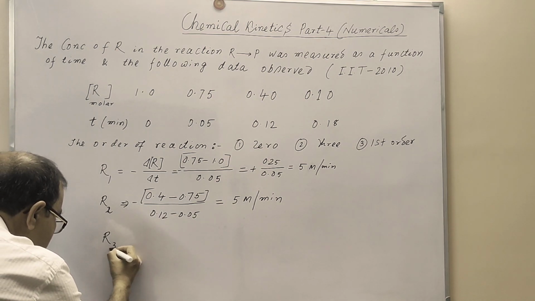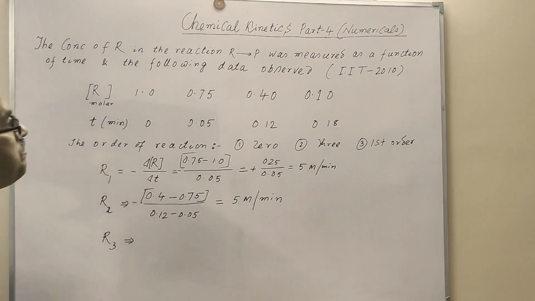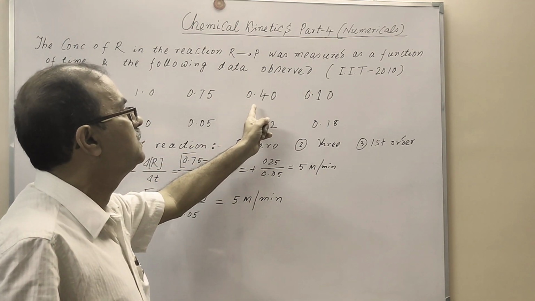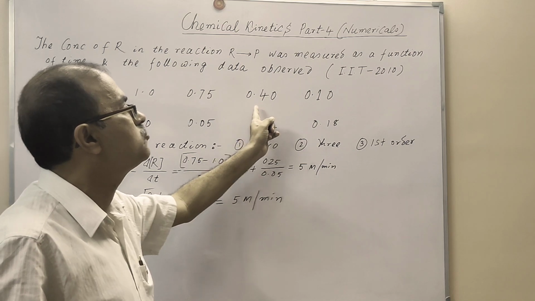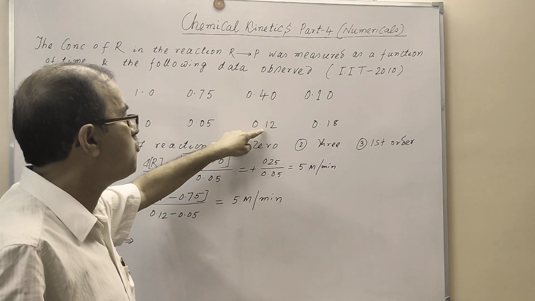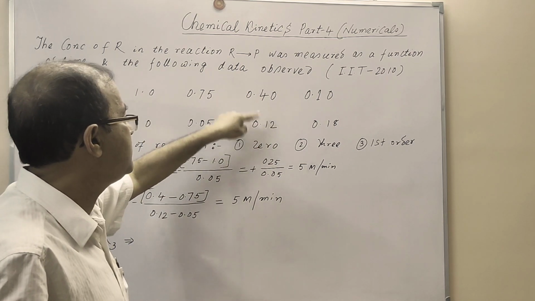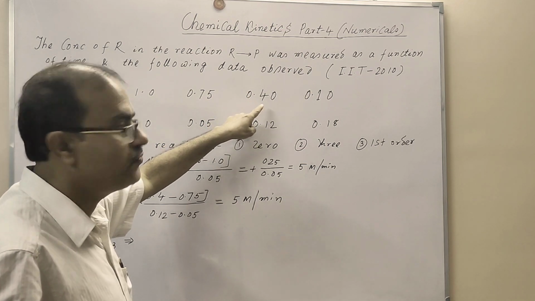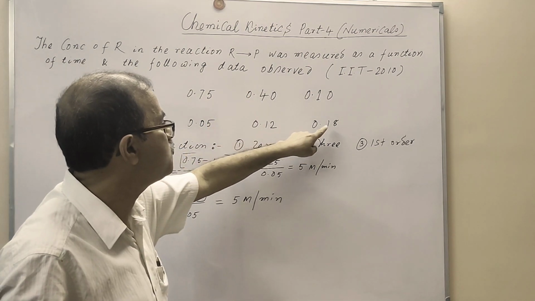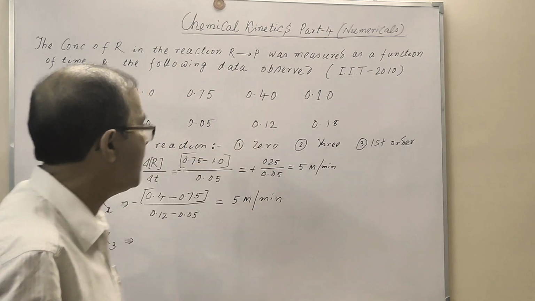For R3, again you see the concentration of the reactant has been dropped. When it was 0.12 minutes, it is 0.4. Then when it is 0.18, it is 0.1.